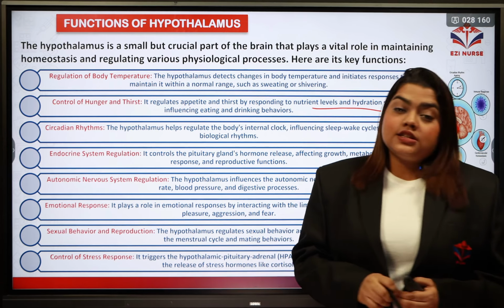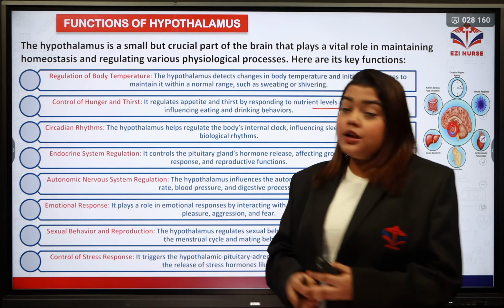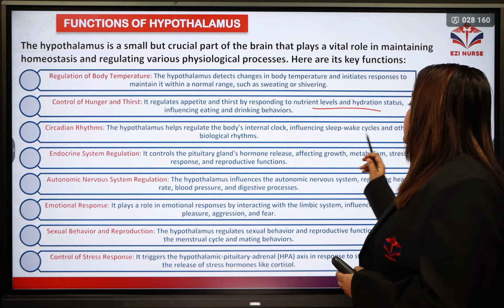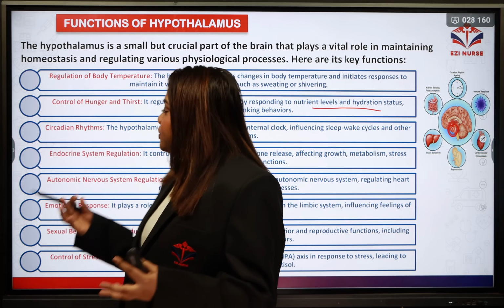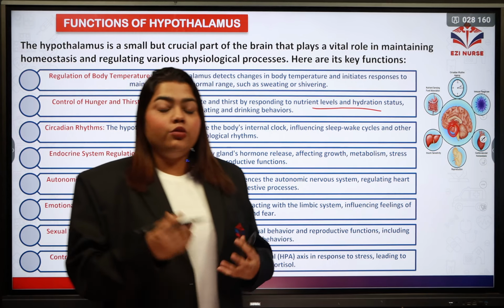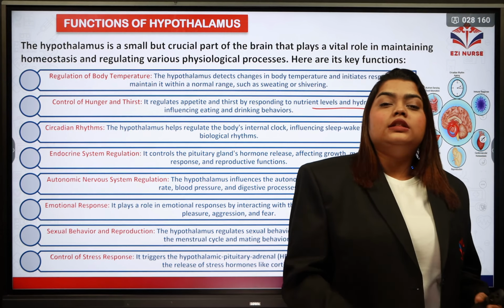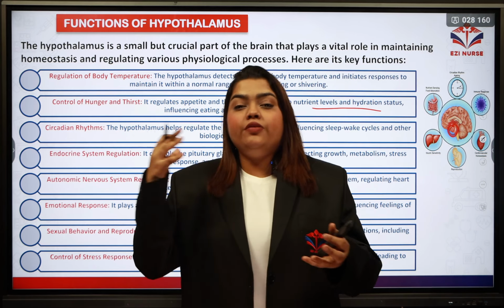Next we have circadian rhythms. Now, what are circadian rhythms? The hypothalamus helps to regulate the body's internal clock, influencing the sleep-wake cycles and other biological rhythms. So the hypothalamus regulates different kinds of cycles. In that, the main one is the sleeping cycle, when we will sleep and when we will wake up.